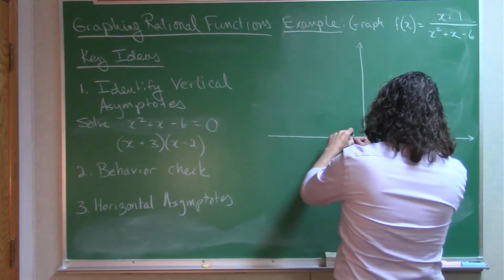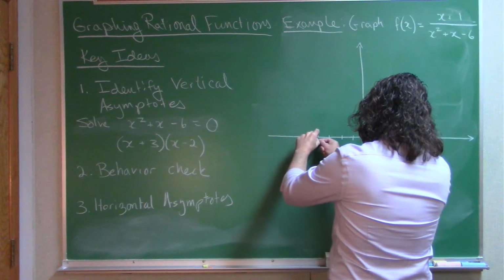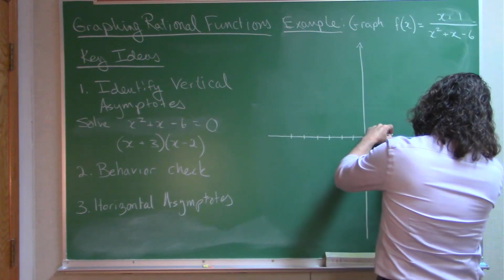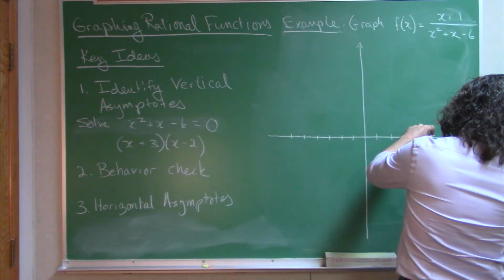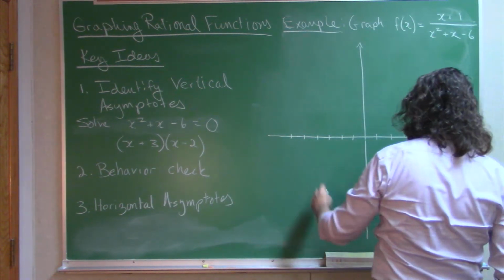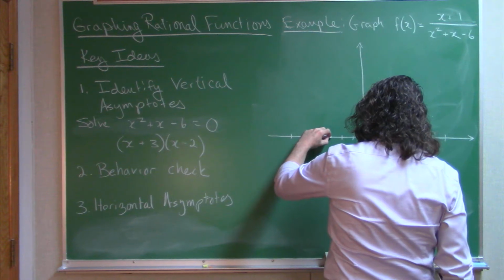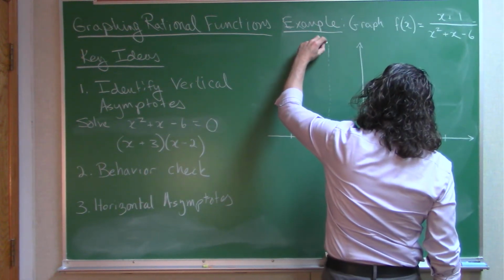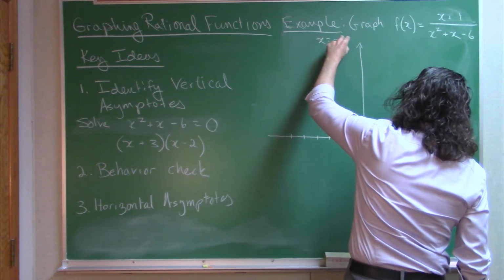So I'll get my picture going here. I will have a dashed vertical line here at x equals -3.